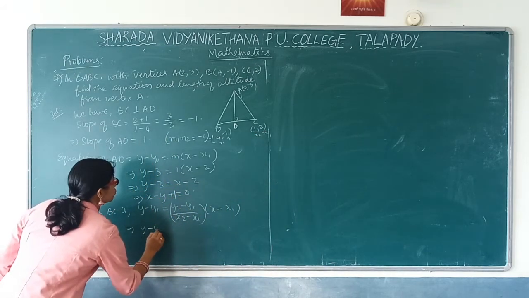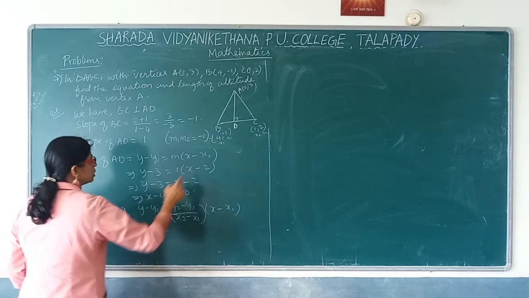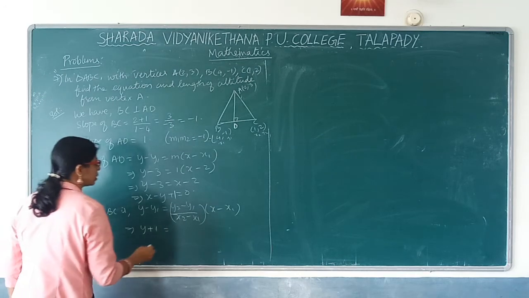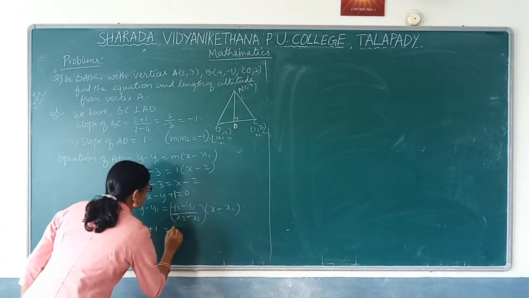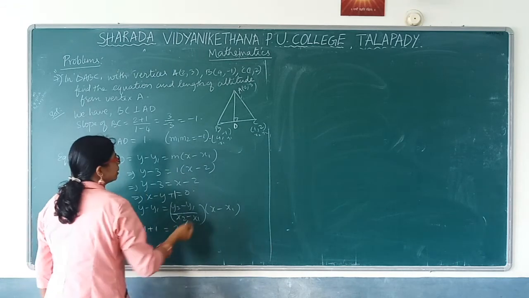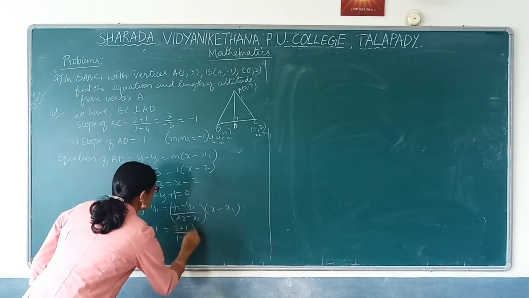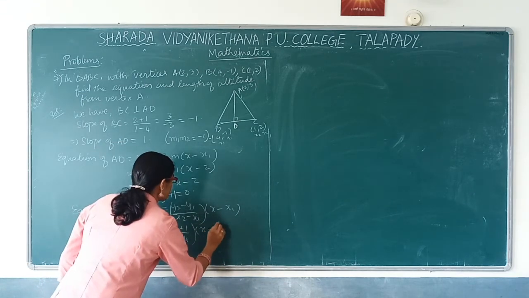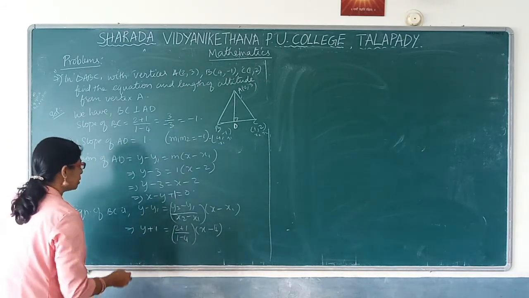So y minus of minus 1, that is y plus 1, is equal to y2 minus y1, 2 plus 1, by x2 minus x1, 1 minus 4, of x minus 4. That we have already calculated, because this is the slope itself. We have seen the slope is minus 1, so it can be written directly.